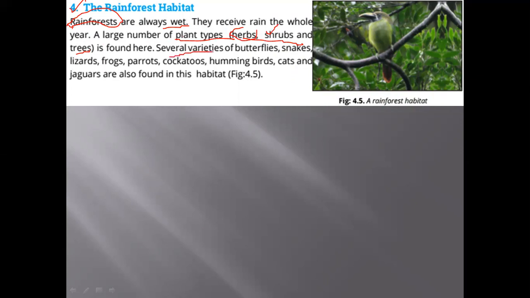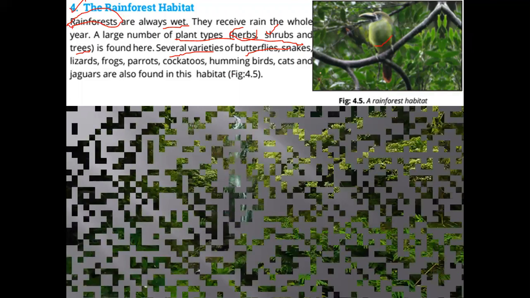Several varieties of butterflies, snakes, lizards, frogs, parrots, cockatoos, hummingbirds, cats, and jaguars are also present in the habitat. Like lots of other kinds which are impossible to write here, because where there is water there is life. If you see this one, this is a cockatoo, and it lives in this forest.